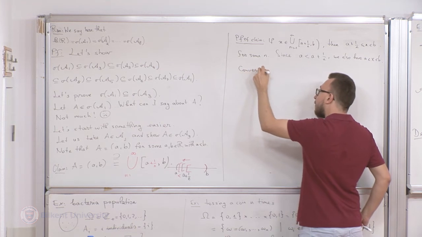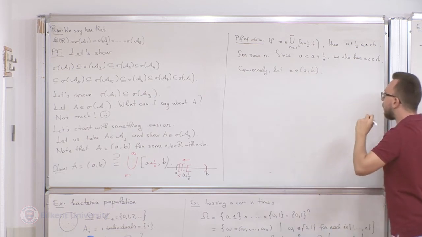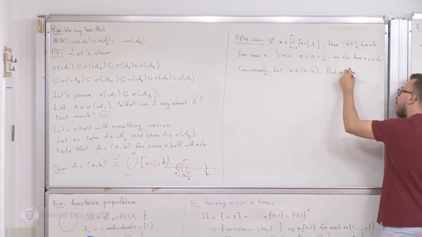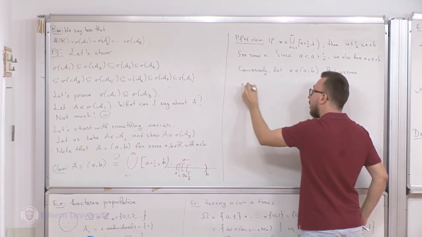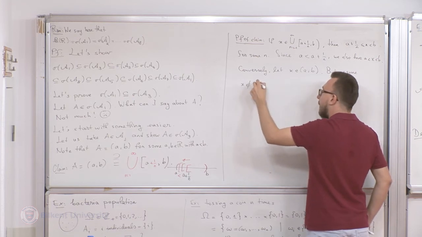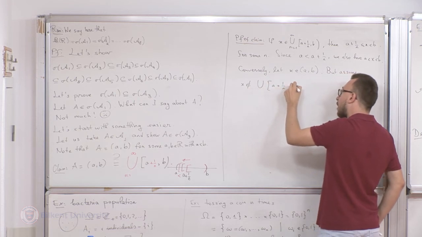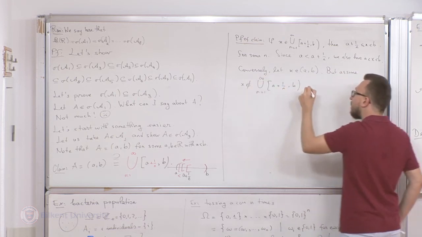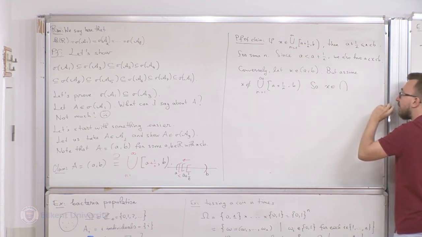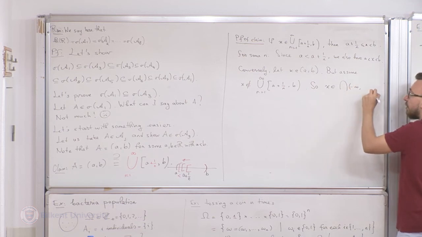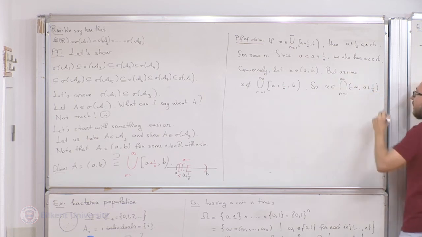Conversely, let X be in A to B, but assume X is not in the union. So this means X is in the complement of this set, which is the intersection of minus infinity to A plus 1 over n, for n from 1 to infinity.